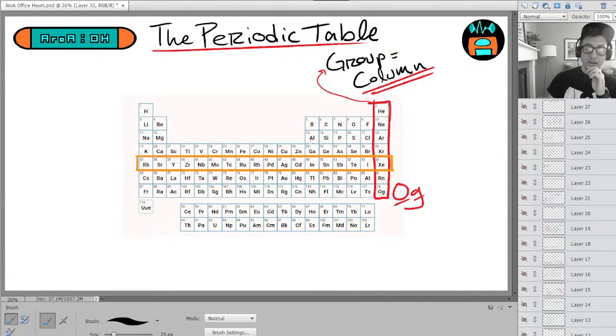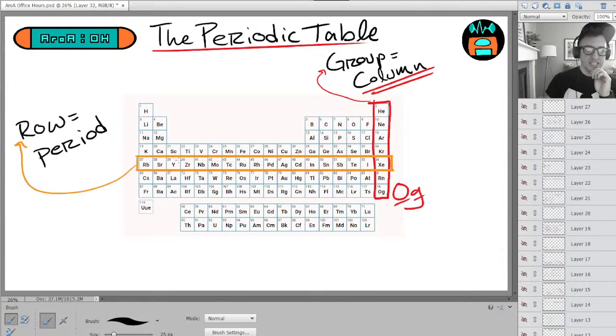So when we talk about a row on the periodic table, a row is called a period. So you can move across a period. All of these elements here are in the same period. If you talk about a group, all the elements in the same group are elements that share a column.